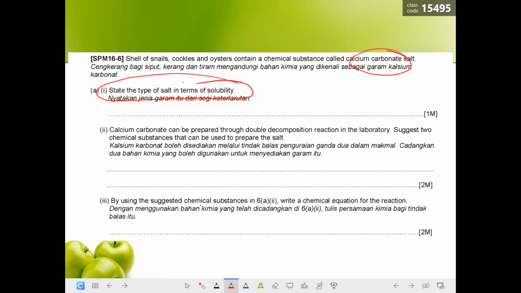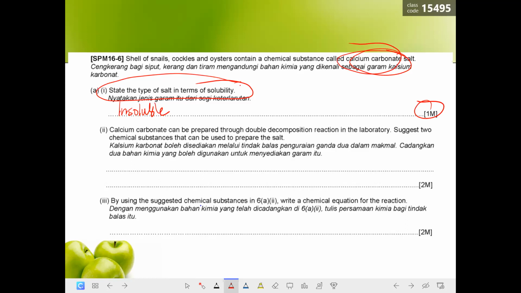Teacher, is it asking for the type like carbonate salt or what? No. I want someone to try. The answer is so easy. Soluble. Yeah. But it's not soluble. The answer is not soluble. Calcium carbonate is not soluble. Oh, okay. So insoluble. Yes. That's just one mark. That's all.